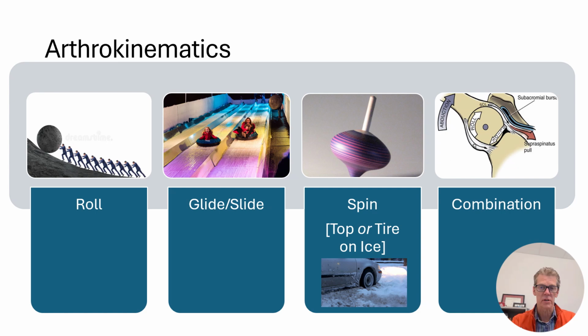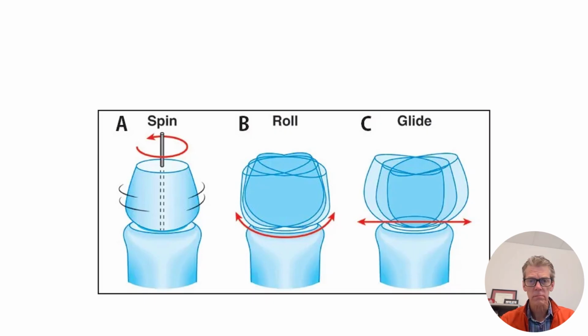The glenohumeral joint's a great example of that, and we'll cover that in a class activity. Here's another picture just to conceptualize how this might work with spin, roll, and glide.